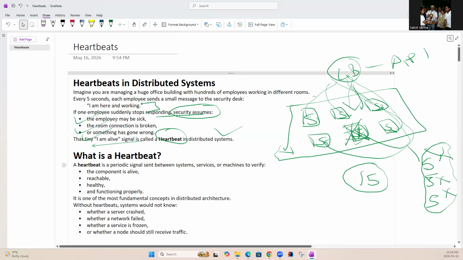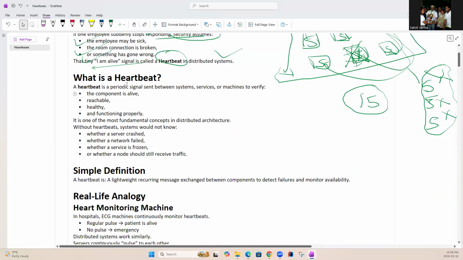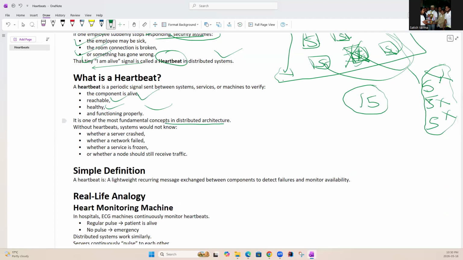Now what is a heartbeat? It's a periodic signal sent between systems, services, or machines to verify that the component is alive, reachable, healthy, and functioning properly. It is one of the most fundamental concepts in distributed systems. Simple but fundamental.